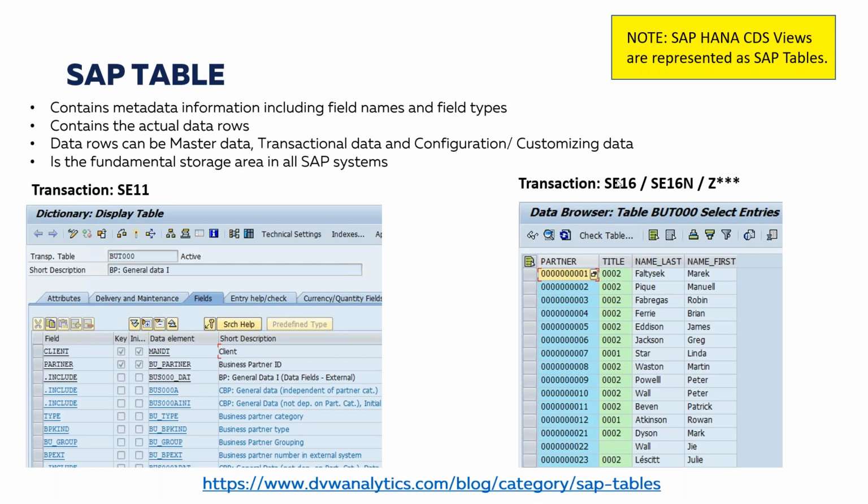As SAP S/4HANA becomes more prevalent, there'll be a need to access data in those SAP systems. The SAP Core Data Service, or CDS, views are also represented as SAP tables within the SAP environment. So we can use the SAP Table Data tool to extract data from CDS views as well.